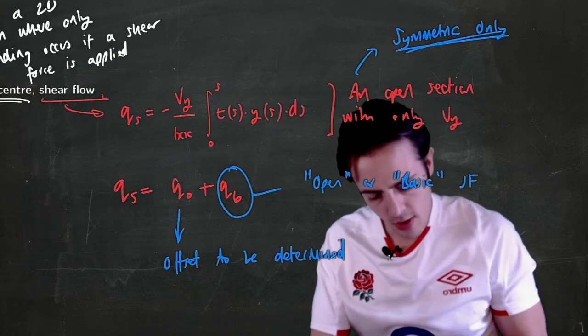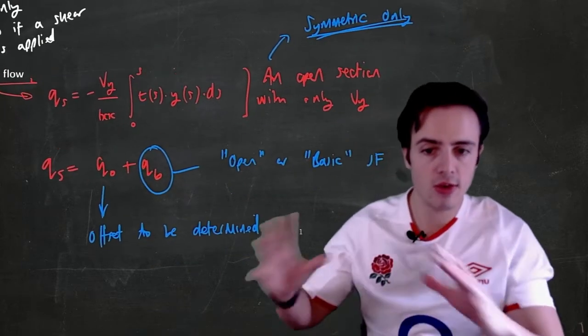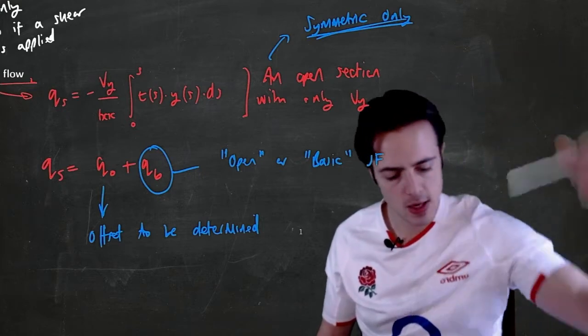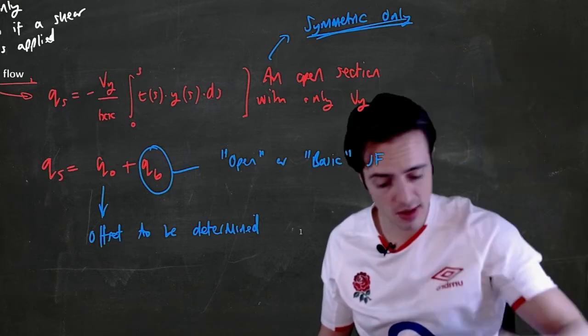Okay, so we have these two definitions of shear flow distributions. We use them for closed sections up here. We said that if we have a closed section, we can use this to determine the shear center.